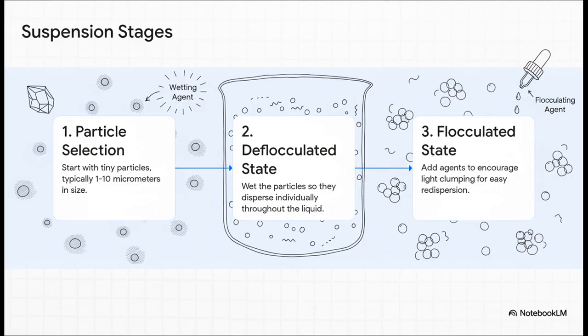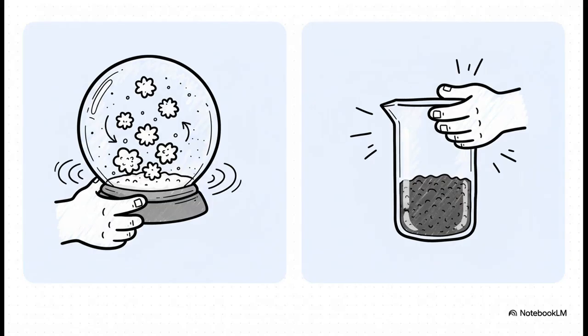Then, you use those wetting agents we talked about to get them all separated and dispersed as individual particles. This is called the deflocculated state. But the magic, the real secret, happens in step 3. You add a flocculating agent to create something called the flocculated state, where the particles form these loose, lightweight clumps called flocks.